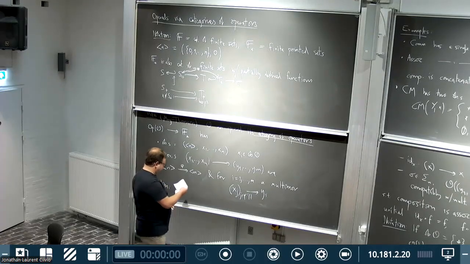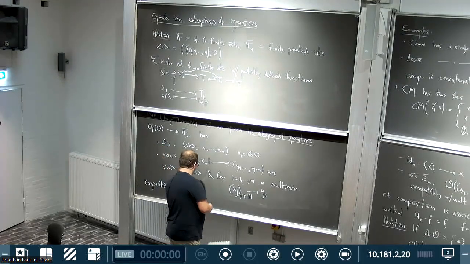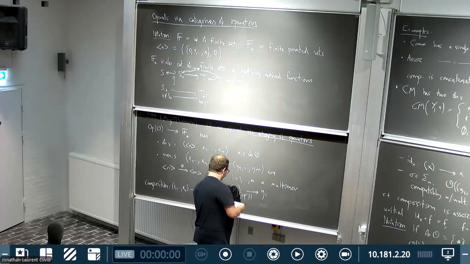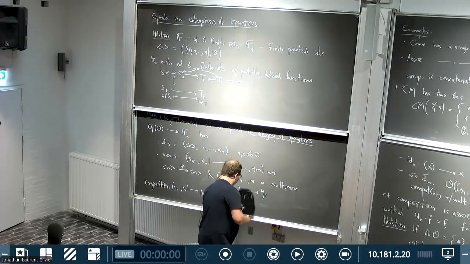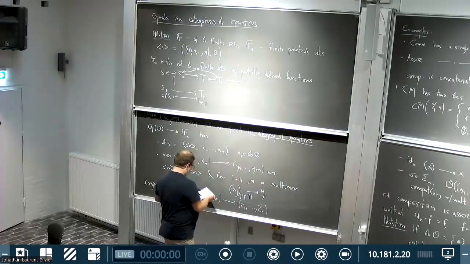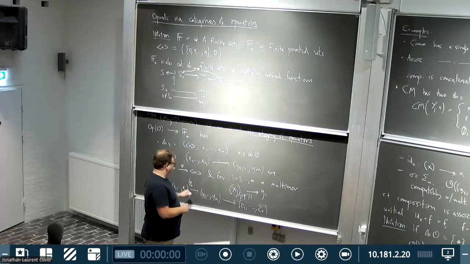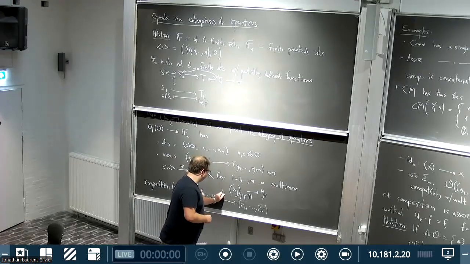Now if y and z1 to zr are given, with finite pointed sets, and then these multimorphisms phi, and then here I have my finite pointed sets with collections of multimorphisms phi j.